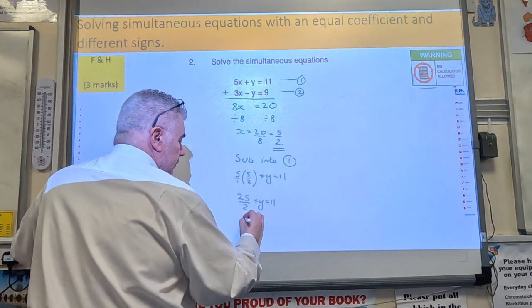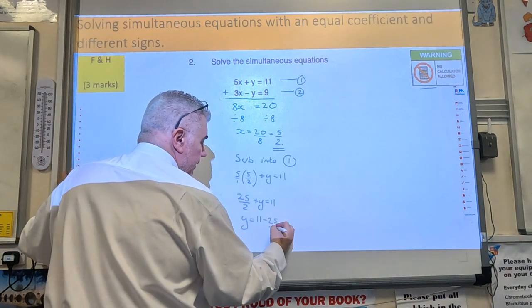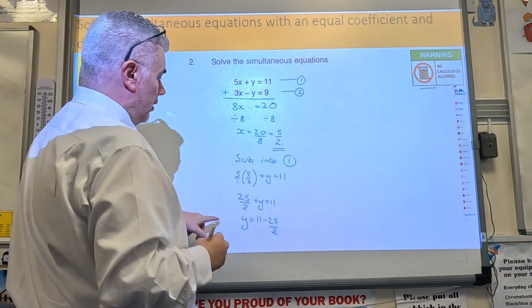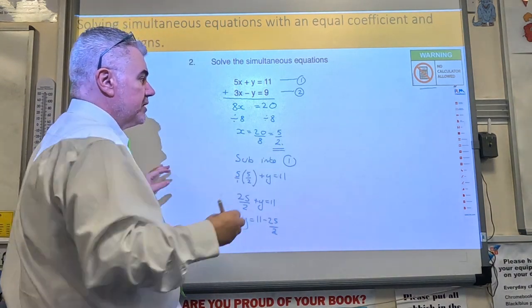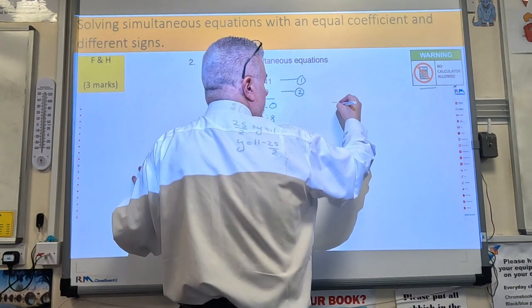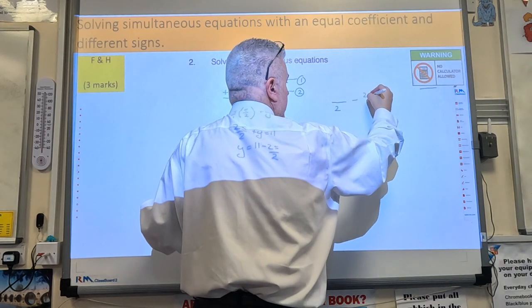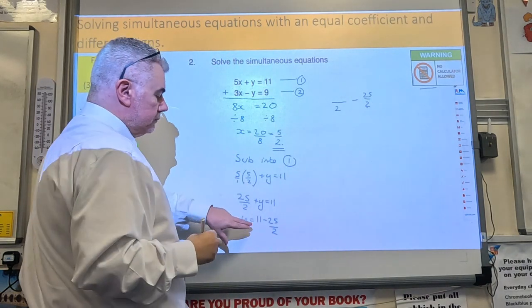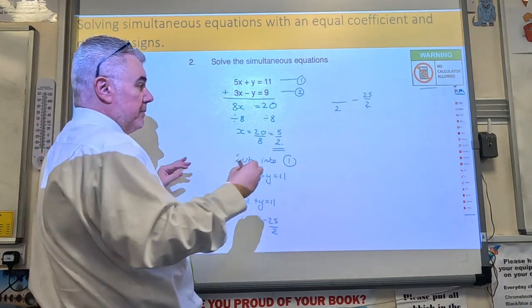So y has to be equal to 11 subtract 25 over 2. Okay, let's quickly work this out. I'm going to use a common denominator of 2. Minus 25 over 2. If I want to put a 2 under that 11, I need to multiply that 11 by 2 to keep it the same.